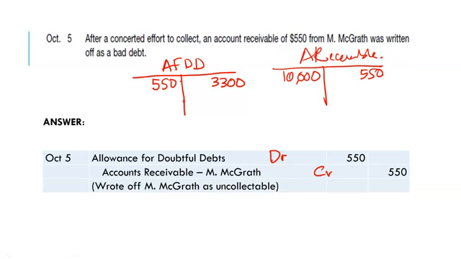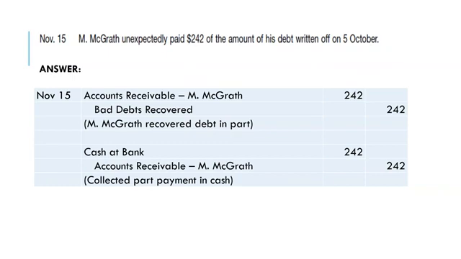Later on, on 15 November, McGrath came back and unexpectedly paid $242. So this will be your bad debt recovered. You need to reinstate this amount first in the account receivable of McGrath before you make the payment.